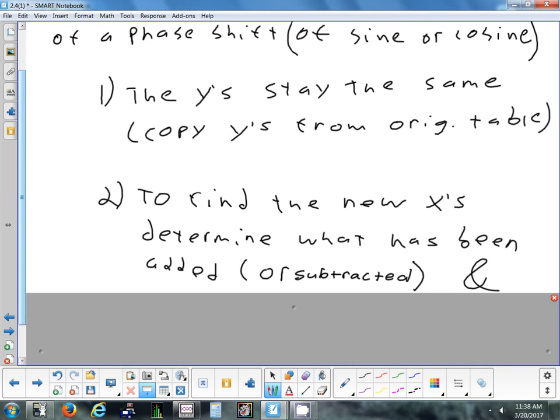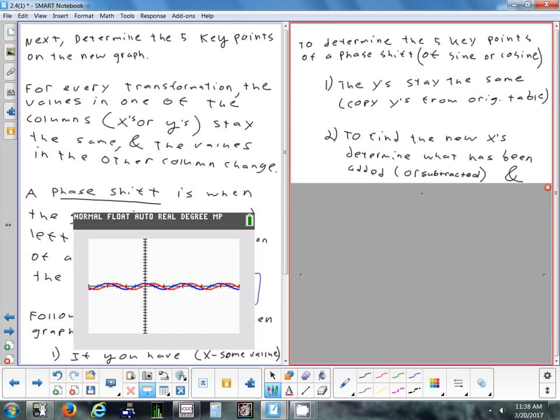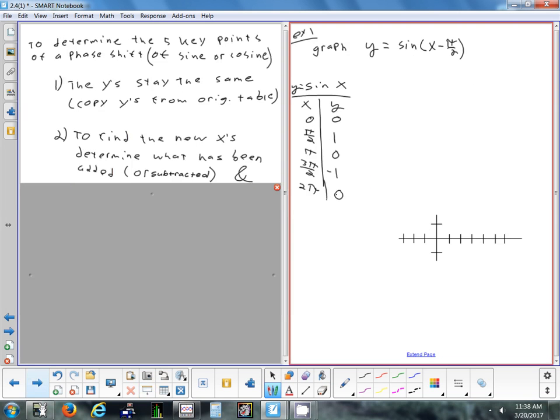And to figure out what's going to happen, the first thing you do is look at what you've added or subtracted in the problem. So if I was doing example 1, I would say, okay, in this problem, they have subtracted pi over 2. So I've determined what has been subtracted.